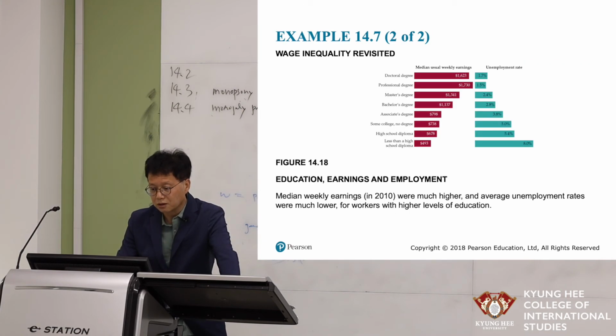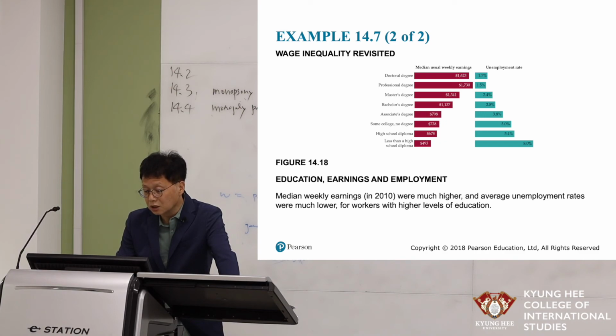So I strongly recommend that students take a computer-related course. Now look at the final graph. Wage inequality revisited. That is median weekly earnings, right? Higher education, higher wage rate. Lower schooling years, lower wage rate. Okay? Also, this one is the unemployment rate. If you have a professional degree, the unemployment rate is 1.5%.